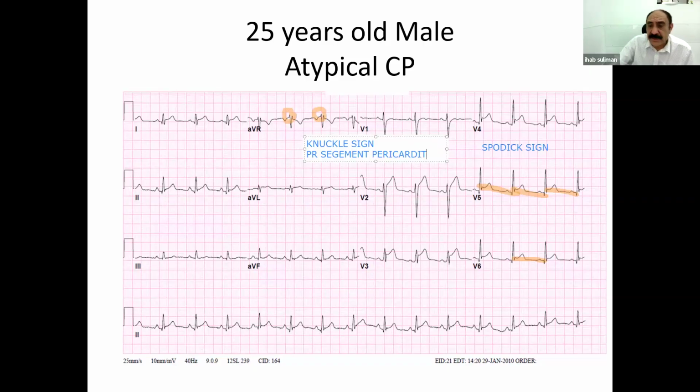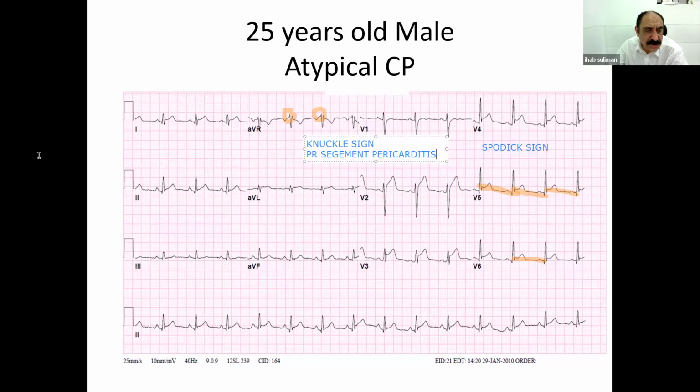But my advice to you, always consider STEMI, especially in young people. They could be drug abusers, they could be cocaine abusers. If you are suspecting ST elevation MI, don't hesitate to take the patient to the cath lab. Cath lab is not going to harm the patient if the patient has acute or viral pericarditis, but you are going to harm the patient if he's a young patient and you missed an MI.